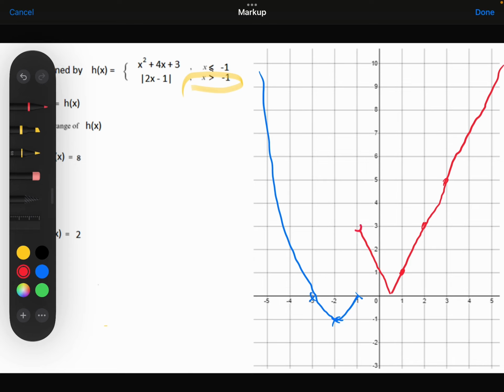I'm also going to put a hollow circle there to show that the red line, the modulus graph, is not defined when x equals minus 1. And I'll draw a solid circle down here to signify that the quadratic is valid for where x is equal to minus 1.